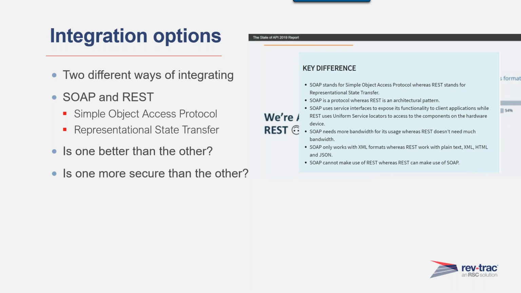And just in general, we've been having more and more requests for REST API support over the past few years, both from a security standpoint and from an ease of use standpoint. And that's why we've invested a lot of development effort to build and provide REST API support for the RevTrack application to our customers.